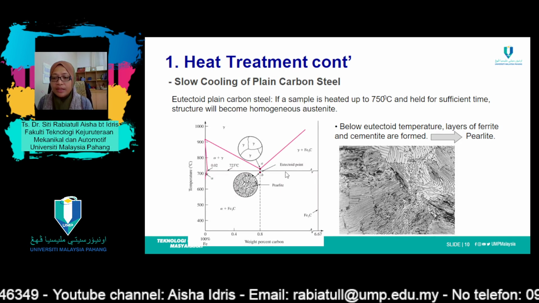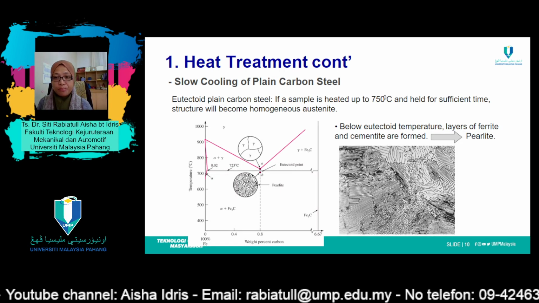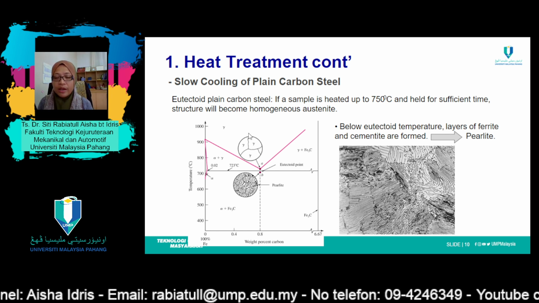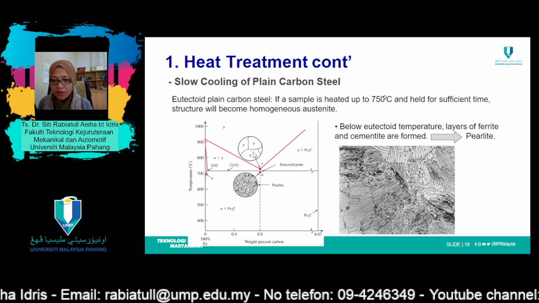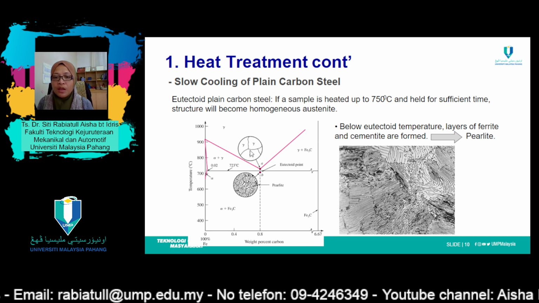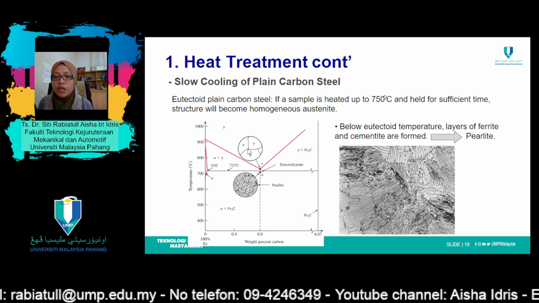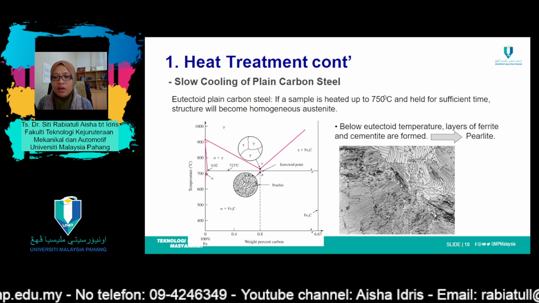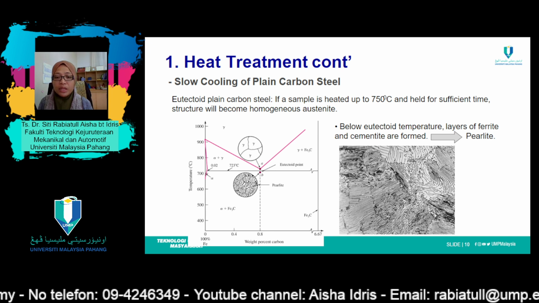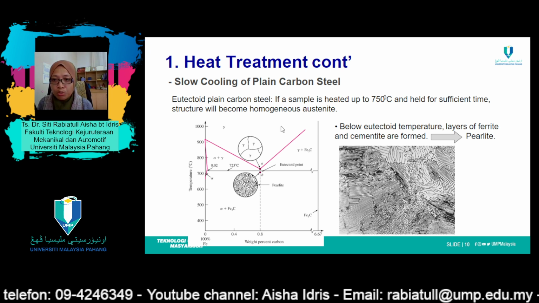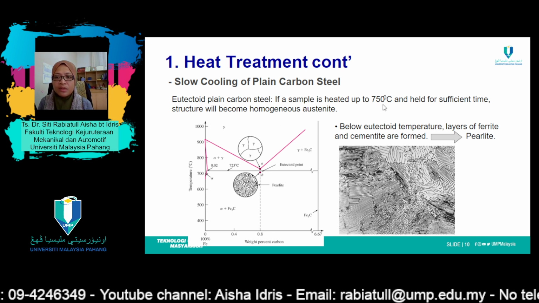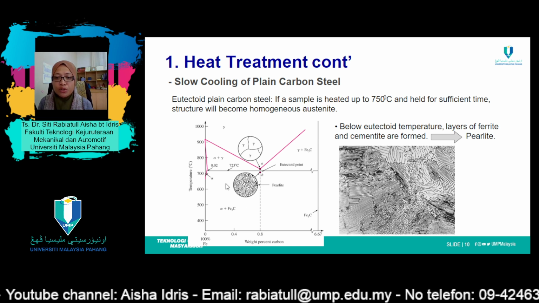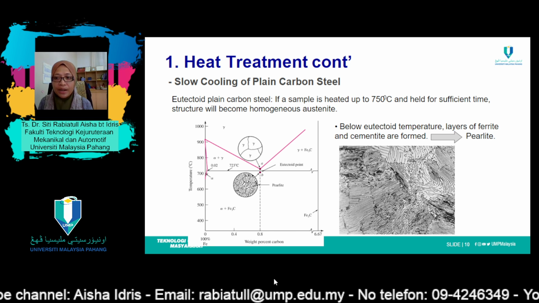And again, a revision from the previous lecture. Once the iron carbon, the steel, is slowly cooled from austenite temperature to 750 degrees C, it will change from austenite into 100% pearlite.